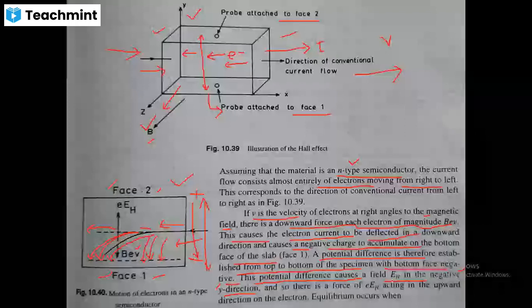Therefore, we are saying the electric field EH is in the negative y direction. Means what? If you take this as the positive y direction, the electric field is established from top to bottom, because the positive charge is here and the negative charge is here, and the direction of the electric field is always from top to bottom. Therefore, we say it is in the negative y direction.